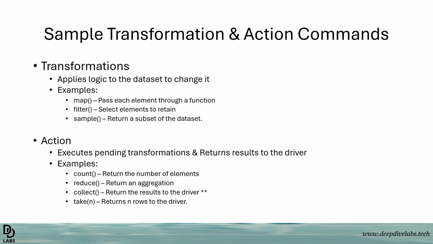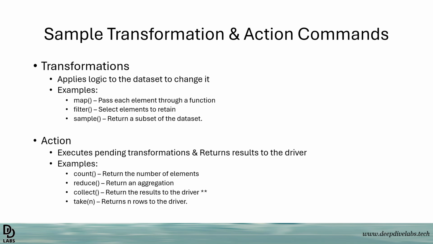So some examples of how you trigger this eager evaluation, right? Actions are all executed immediately. When you do count, it returns the number of elements in the RDD. If you do reduce, it returns an aggregation. If you do collect, it returns the results to the driver. We most often don't use collect. Similarly, you can also do take n, which returns n rows to the driver.